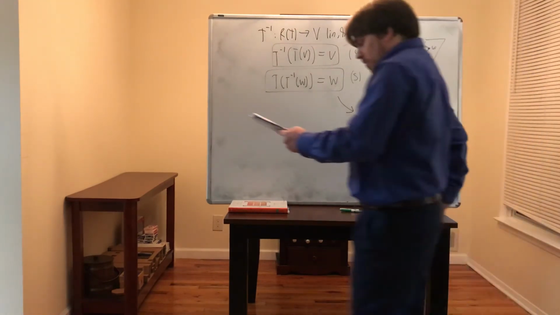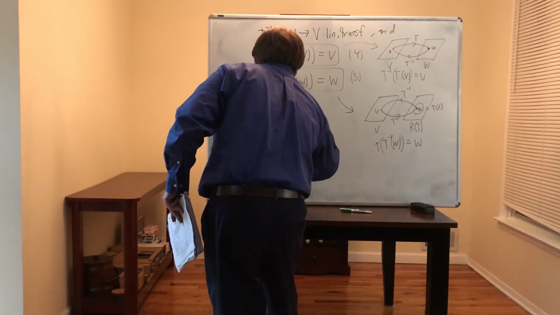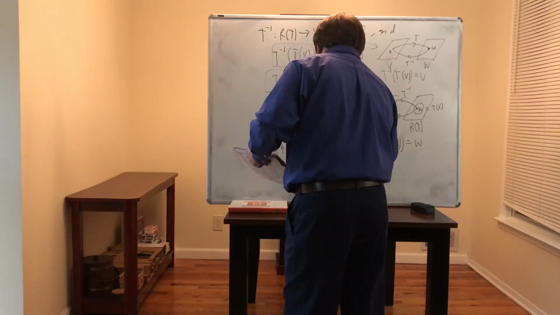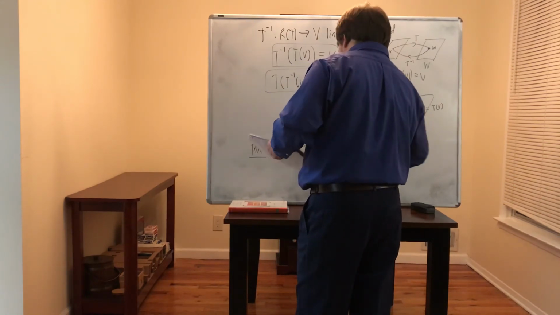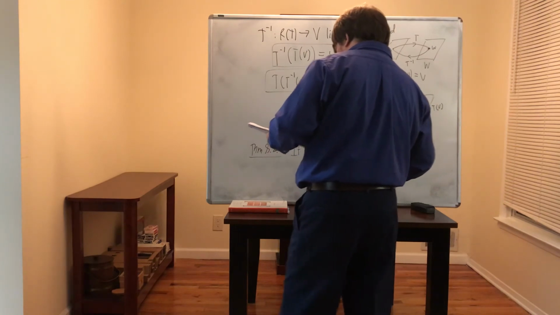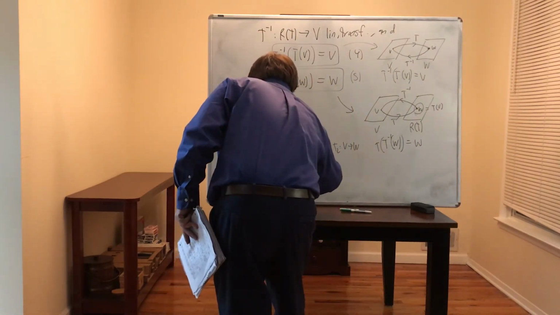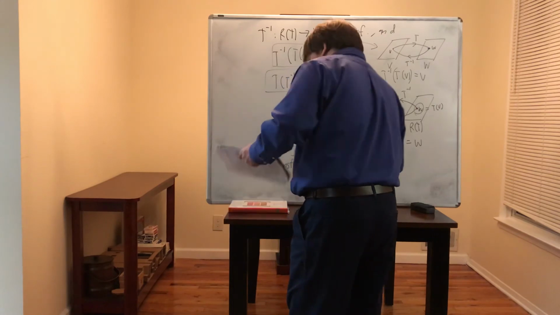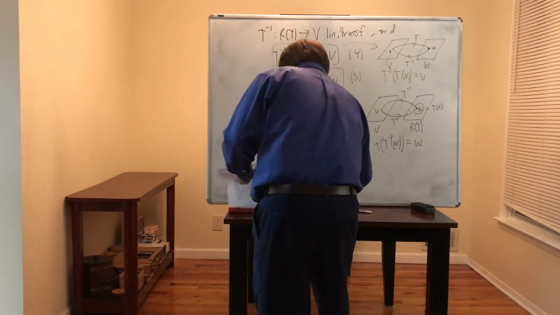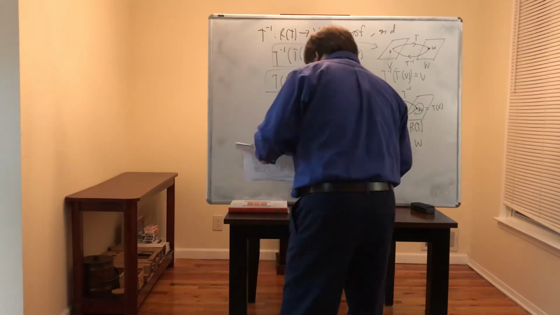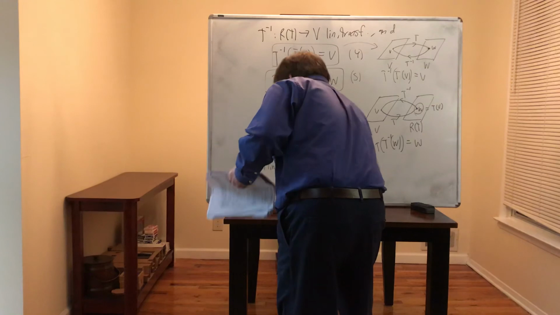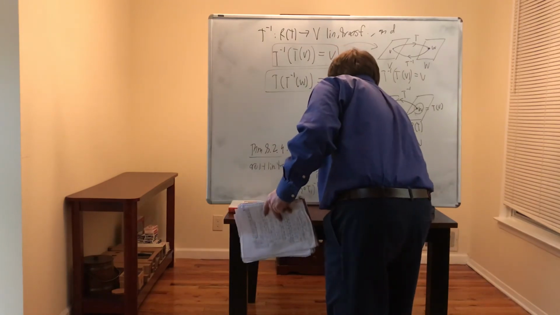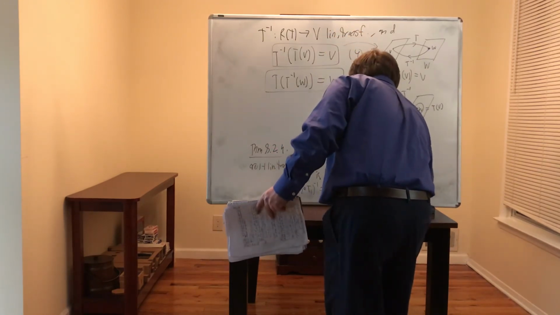Okay, so theorem 8.2.4. If T1 is from U to V, and T2 is from V to W, are 1-to-1 linear transformations, then (a) T2 composed with T1 is 1 to 1, and (b) T2 composed with T1 inverse is equal to T1 inverse composed with T2 inverse.